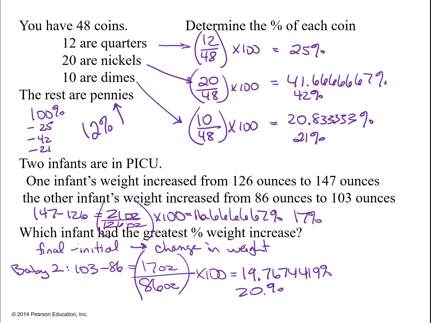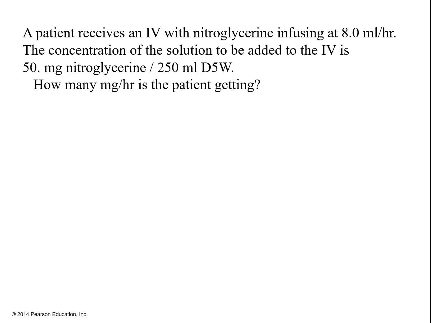Gained more percentage-wise. So it does sometimes depend on the amount of your whole, like how big your whole number is compared to the part number that you end up dividing it by. Now we'll go on to that.